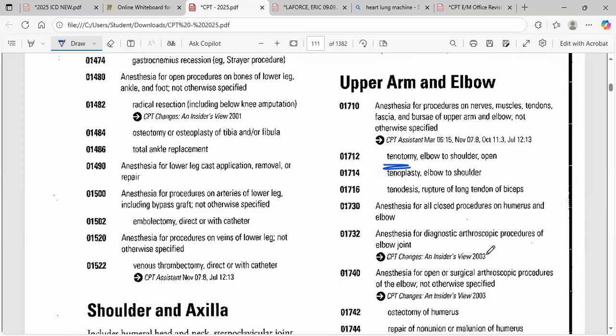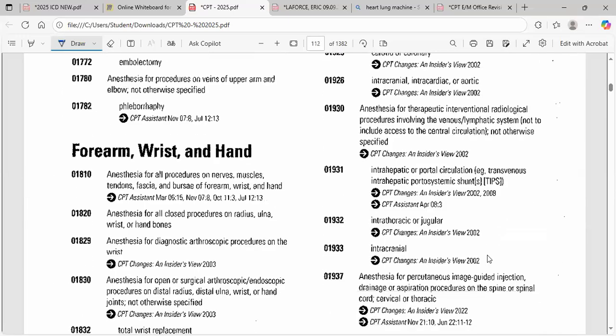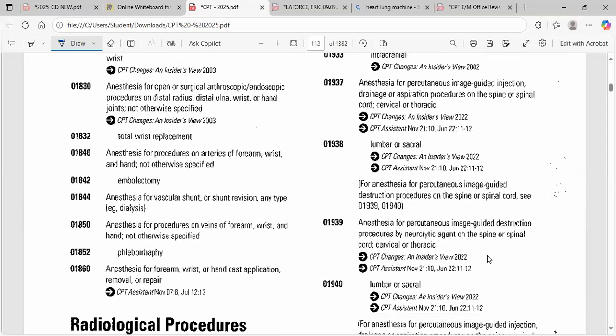Otomy means that an incision has been performed in the tendons. Tenoplasty means repair has been performed. Then we have tenodesis, that means fusion of tendon has been performed. These are the tendon procedures only.